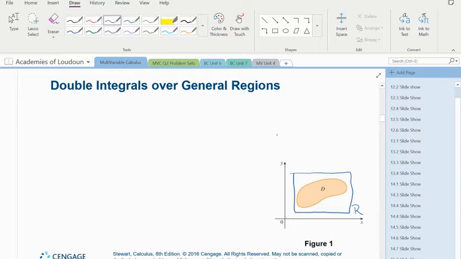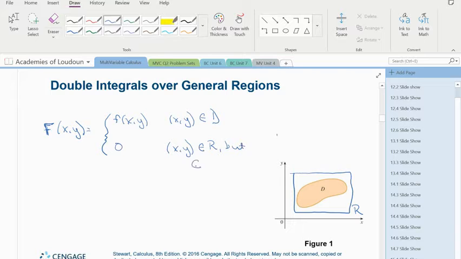Then we're going to define a new function, capital F, that has a domain of R, such that capital F of x,y is going to be little f of x,y, provided that x,y is contained in D. Then that function is going to be 0 for x,y contained in R, but not contained in D.